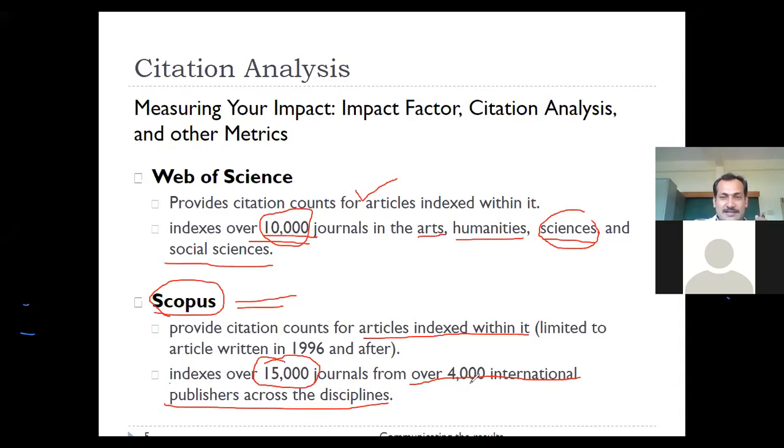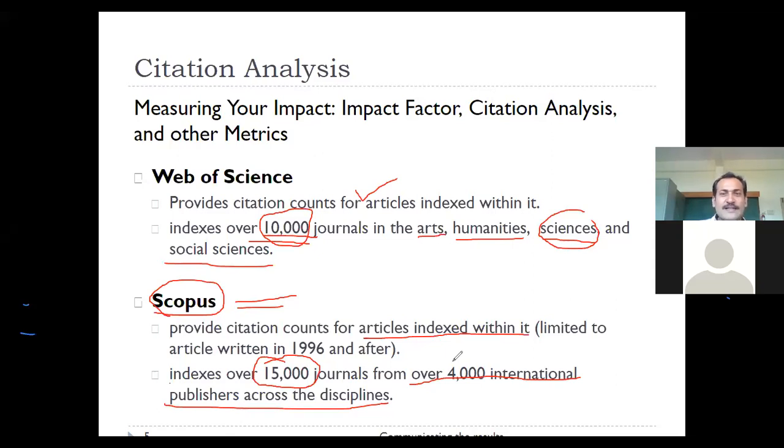So for example, what is a publisher? Nirali Prakashan, Manali Prakashan. Similar to that, we have CSIR, or Marathi Sahitya Academy, or Sahitya Academy can be a publisher, or the American Chemical Society, or it may be the American Physical Society.